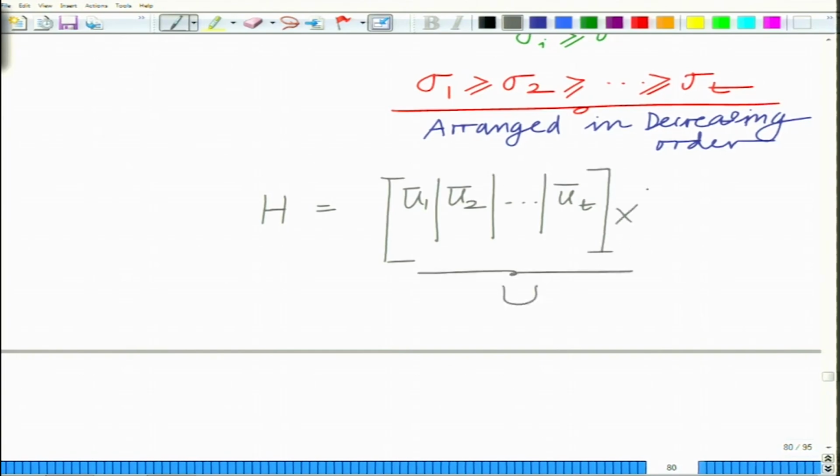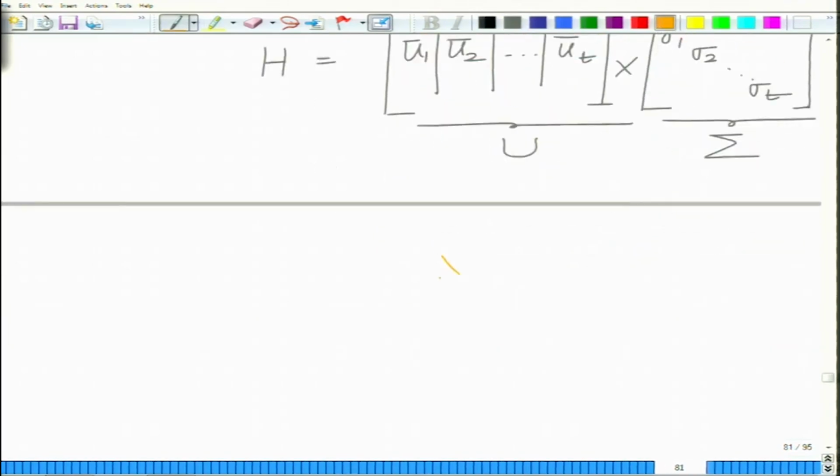This is multiplied by the diagonal matrix sigma, which contains the non-negative singular values in decreasing order, and then by the matrix V Hermitian, which contains T rows, and naturally these are also orthonormal since V is a unitary matrix.